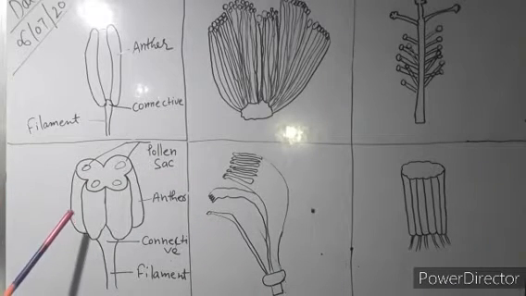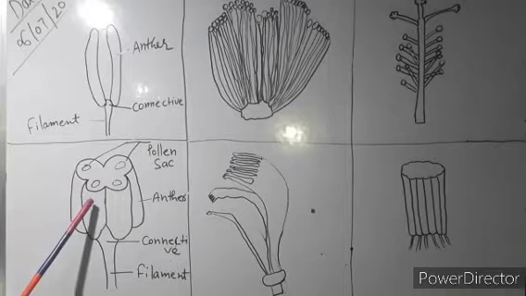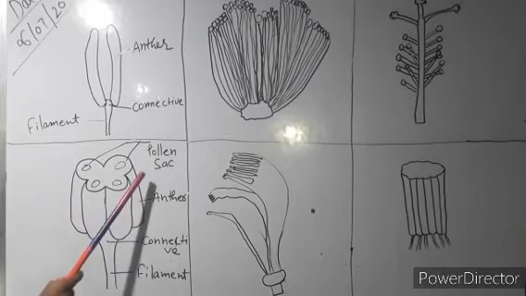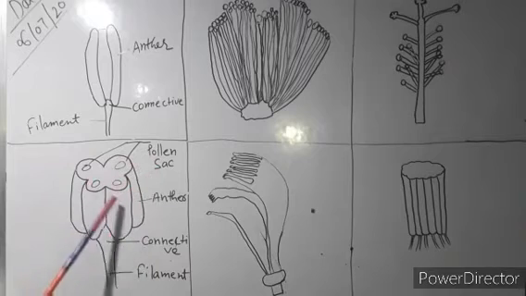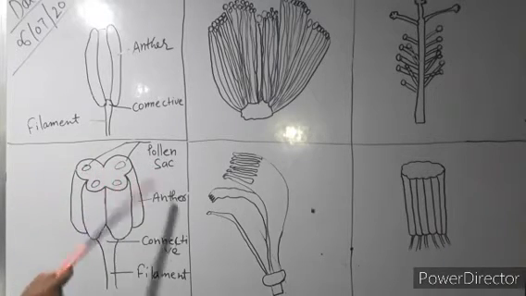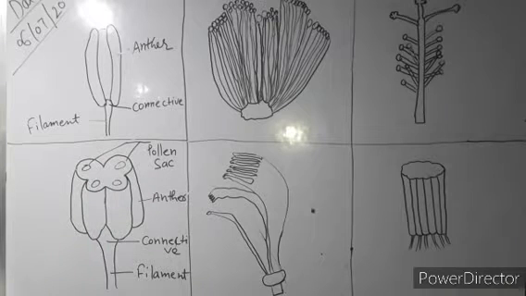This anther has been cut by a transverse section, and the two pollen sacs, two lobes, contain many structures known as the male gamete.